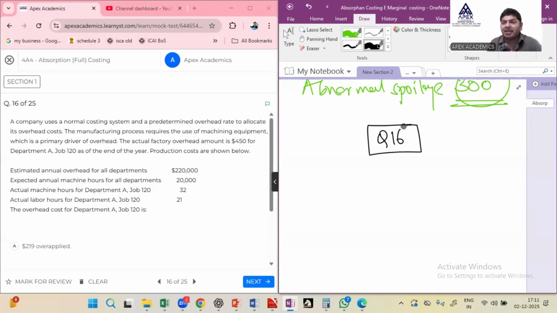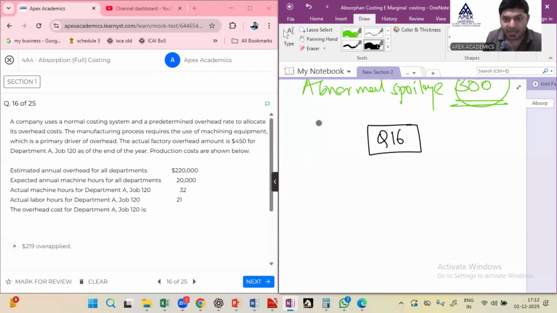Sir, what I mean is that inside department A there is a special job happening, in that we have incurred an actual factory overhead of $450. The production costs are given to us. Sir, the estimated overhead for all our departments, not just department A, is 2,20,000. And the estimated annual machine hours for all our departments are 20,000.